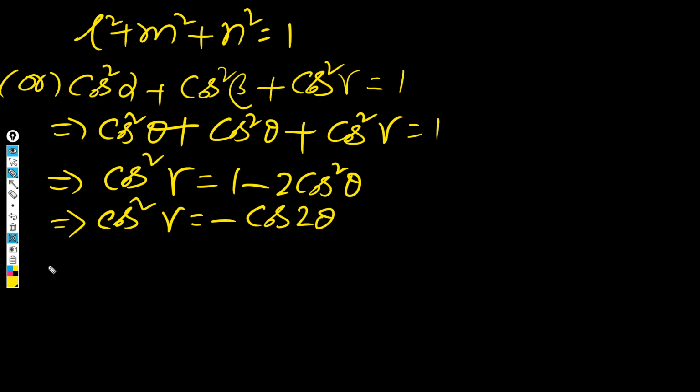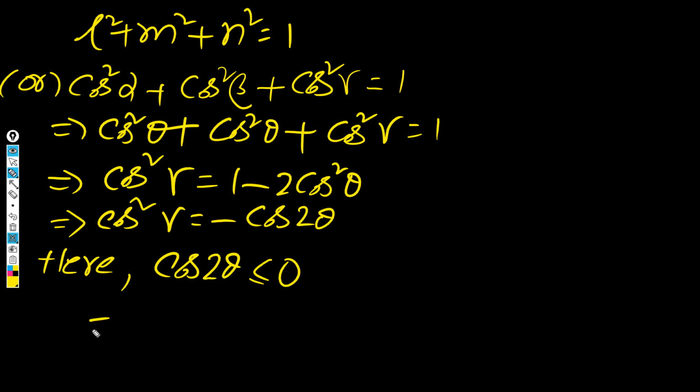So it is inevitable that for cos square gamma to exist, your cos 2 theta must be less than or equal to 0. Otherwise, cos square gamma won't exist. If it is negative, then minus of minus becomes plus.